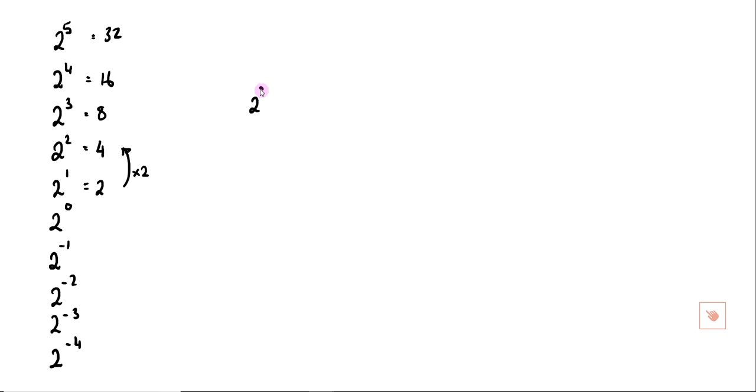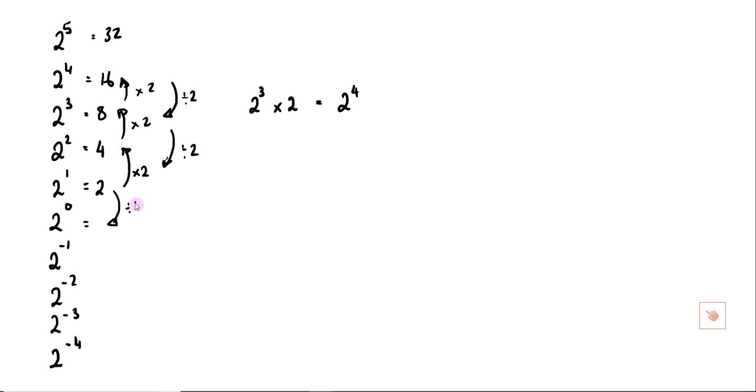So 2 to the power of 3 multiplied by 2 is equal to 2 to the power of 4. If I go up the list, I multiply by 2 every time. But I actually want to go down the list, so I do the opposite. I have to divide by 2. That now enables me to go further down.